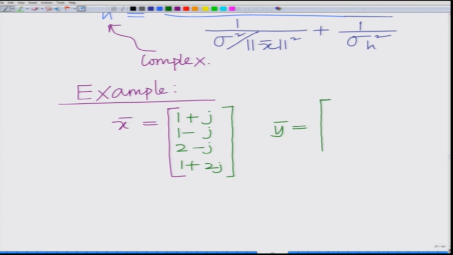Y bar is equal to 3 plus 5j, minus 5 minus 3j, 2 plus 3j, minus 3 minus 2j.